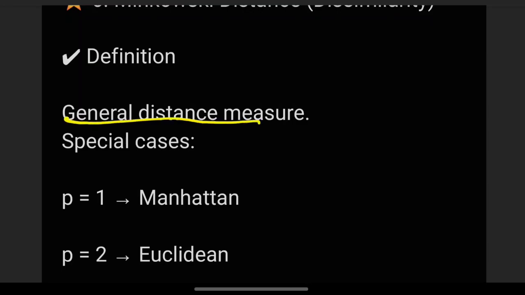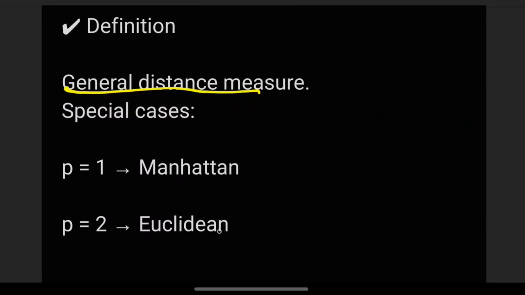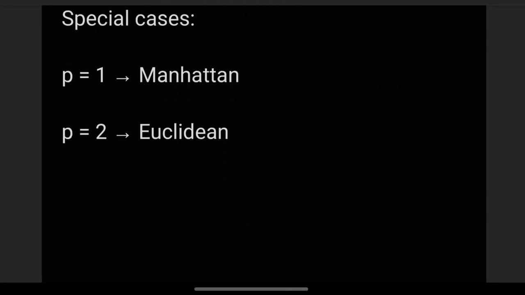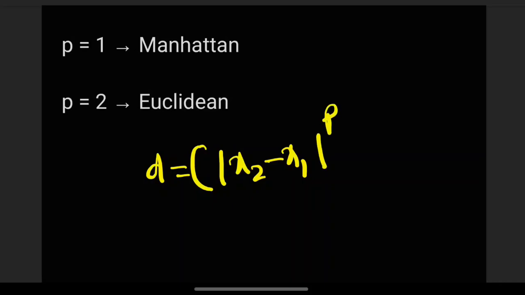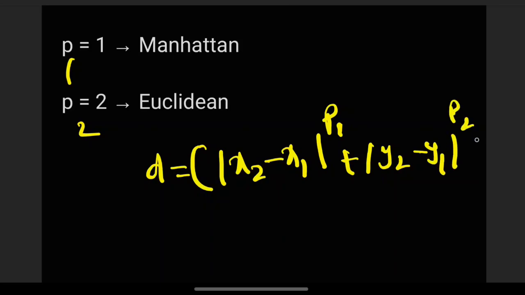So here the formula will be like, I will explain here. The formula will be D is equal to mod x2 minus x1 to the power P1, plus mod y2 minus y1 to the power P2.